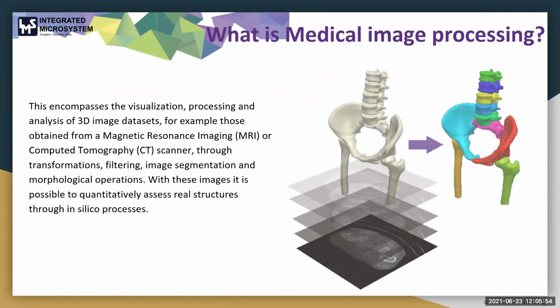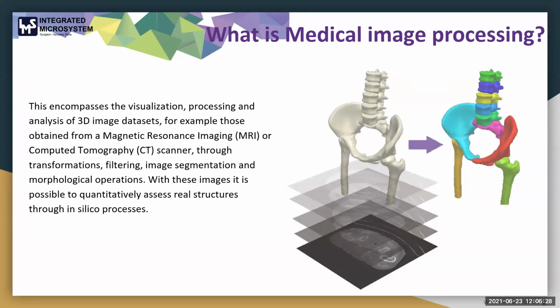Before we discuss the complete process, we need to understand what medical image processing is. Medical image processing simply means taking some data sets from MRI, CT scanners, or any other modality and doing some transformation, filtering, image segmentation, and morphological operations on it, and getting relevant output which we can utilize for analysis, 3D printing, or any other application.